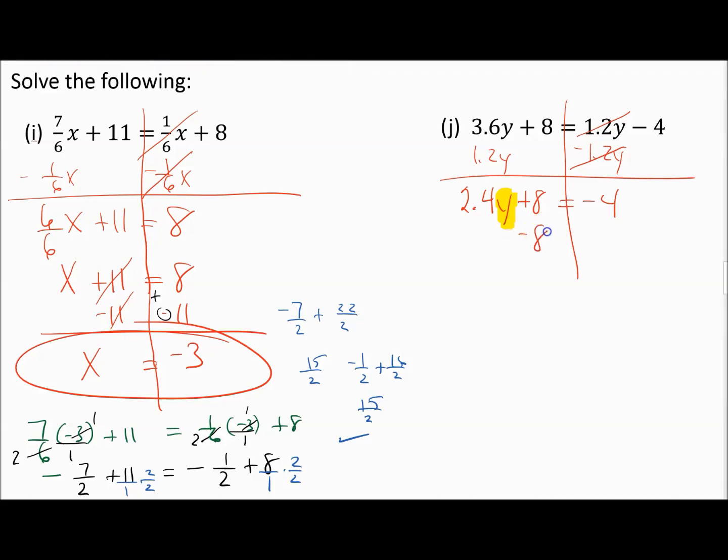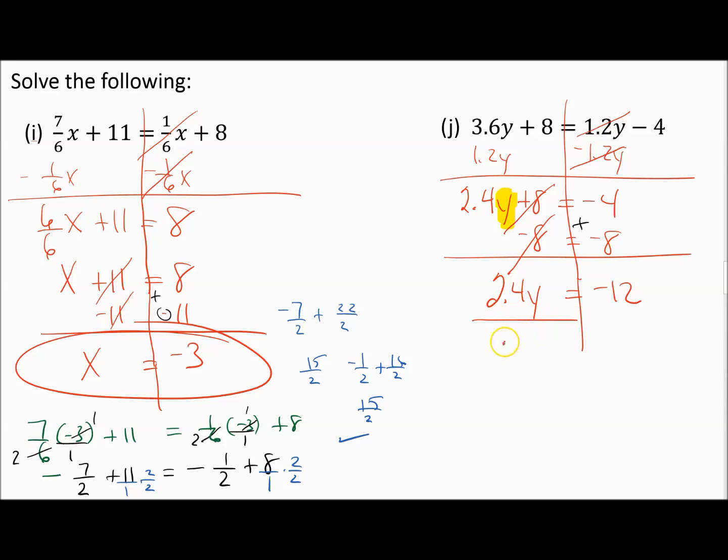So I subtract 8 from the left side of the equation, subtract 8 from the right side of the equation. The 8's cancel, but I still have 2.4y is equal to, now remember the trick, when you have negatives, you can always just say plus in between. So negative 4 plus a negative 8 is negative 12.